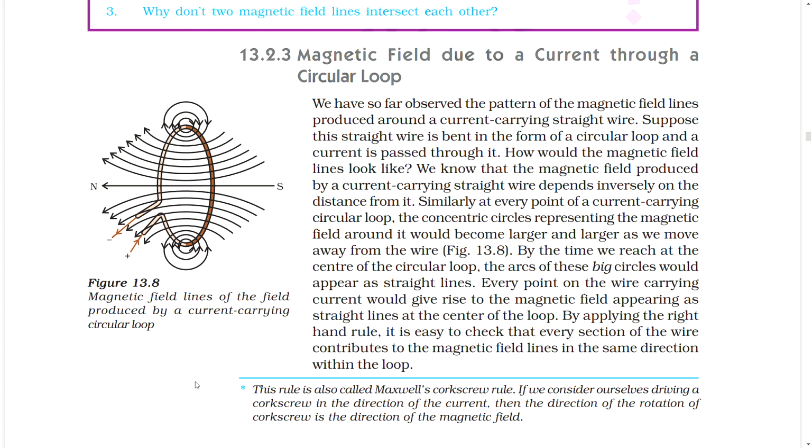This rule is also called Maxwell's corkscrew rule. If we consider ourselves driving a corkscrew in the direction of the current, then the direction of the rotation of the corkscrew is the direction of the magnetic field.